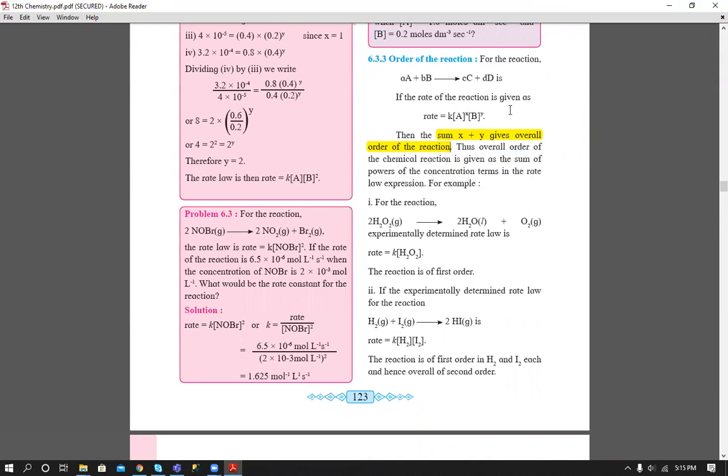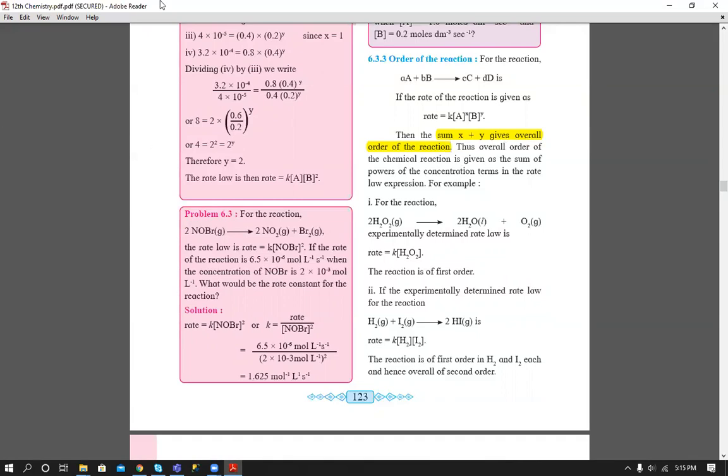If a question asks the overall order of reaction, then add the powers of the concentrations of both reactants, x plus y. If it asks the order of reaction with respect to A, then it is x. With respect to reactant B, it is y. And overall order is x plus y.